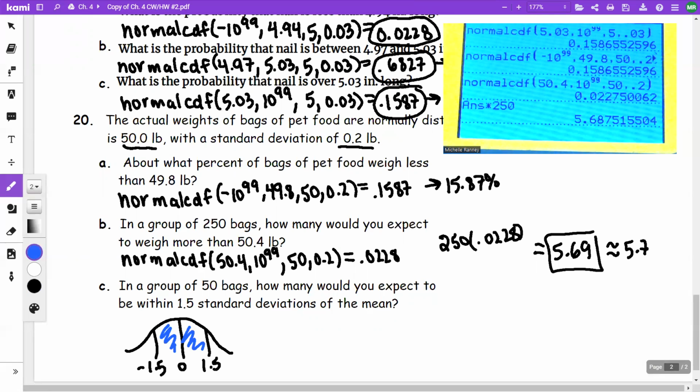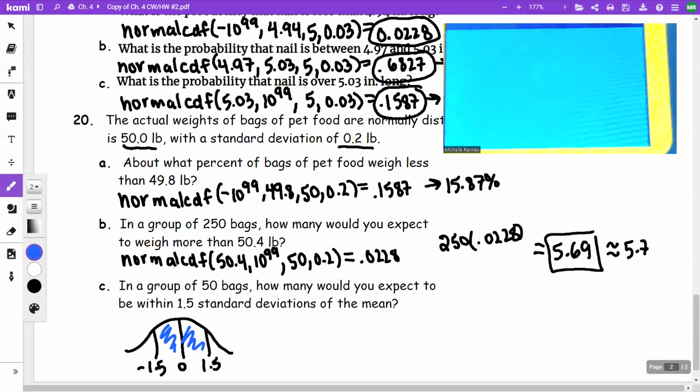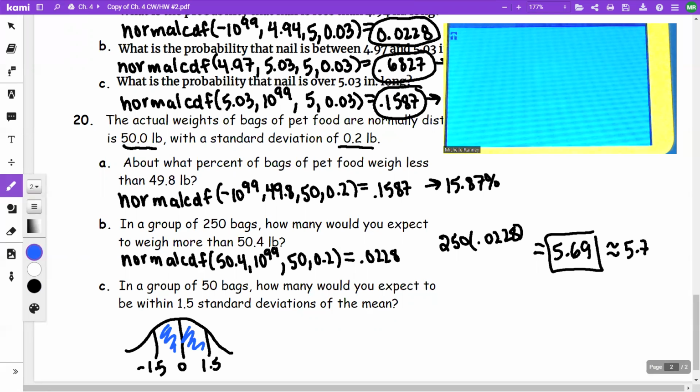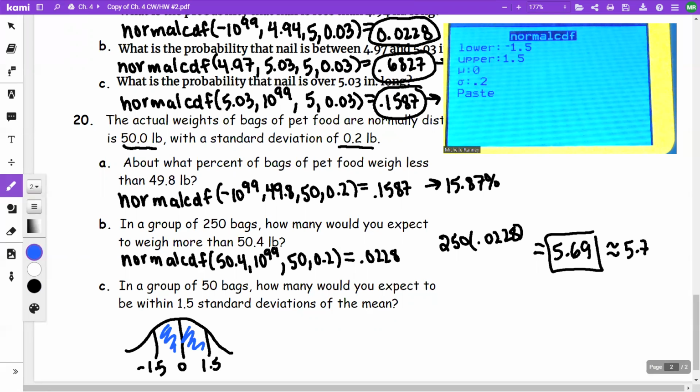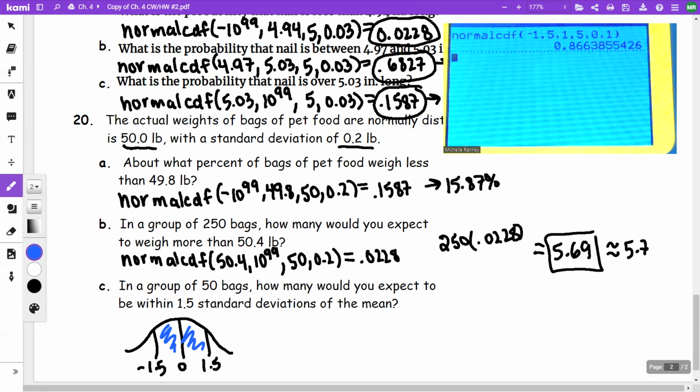So let me clear all this. I am going to go to my calculator. My lower bound is going to be negative 1.5. My upper bound is going to be positive 1.5. I'm just going to have this be a 0 and a 1. And that ends up being 0.8664.